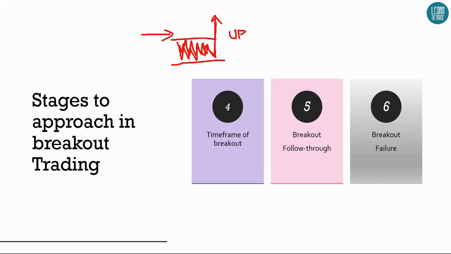Let's assume this breakout comes in an HDFC stock, HDFC Finance. Any trader who opens the daily time frame chart and looks at the breakout can see it is in the upside direction. Now this is where follow through plays an important role: how strong the follow through is that gets developed.